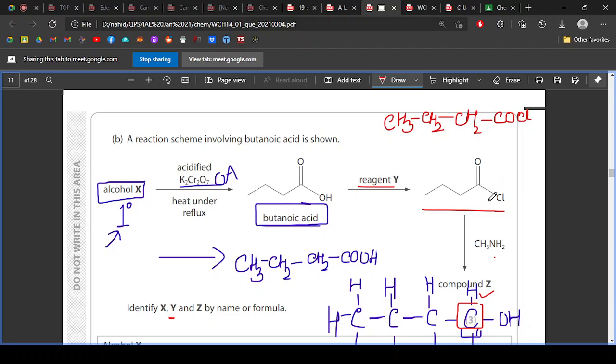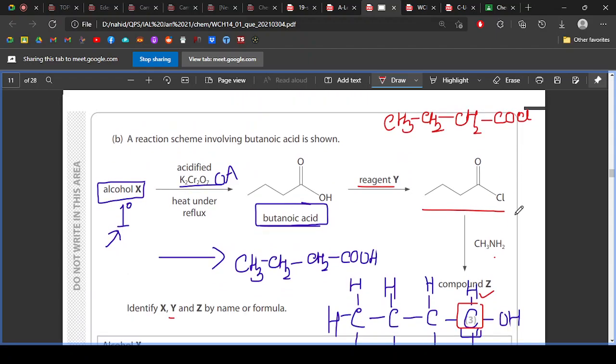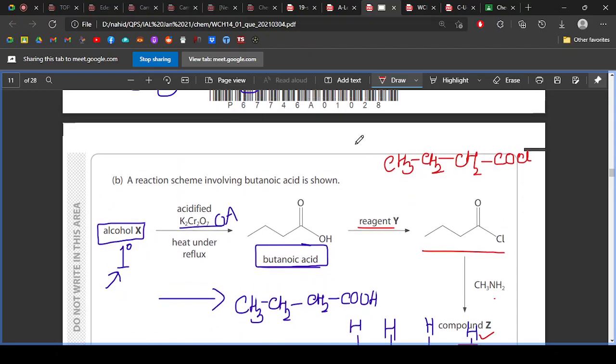It's not a ketone, not an aldehyde, not a carboxylic acid. What is this compound? It's an acyl chloride. Why is it an acyl chloride? Because this part of the molecule, if I draw it for you, looks something like this.